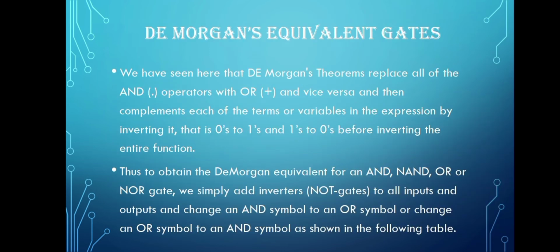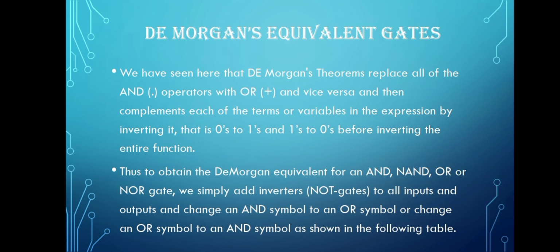De Morgan equivalent gates. We have seen that De Morgan's theorem replaces all of the AND dot operators with OR plus and vice versa, and then complements each of the terms or variables in the expression by inverting it, that is, zeros to ones and ones to zeros, before inverting the entire function. Thus, we obtain the De Morgan's equivalence for NAND and NOR gates.